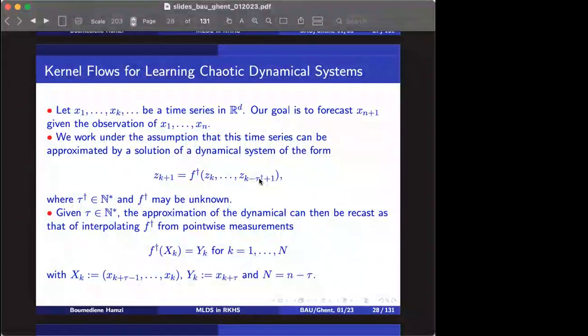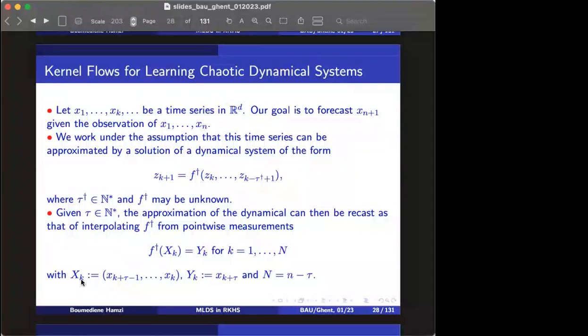And so here we are going to view this problem as a problem of interpolation. In the same way, we want to recast this problem of approximating an unknown function from random samples as a problem of approximating a dynamical system, which is like approximating F dagger.